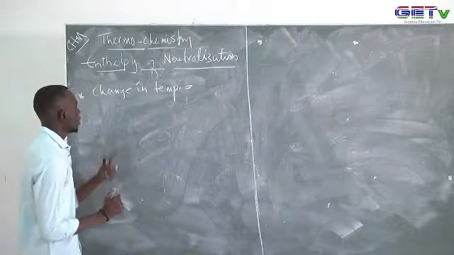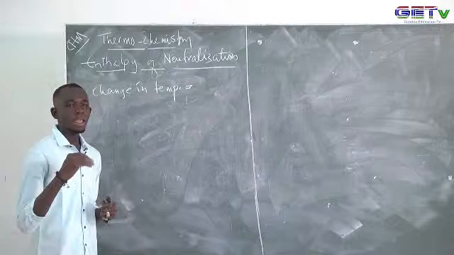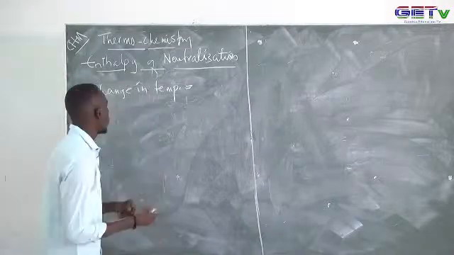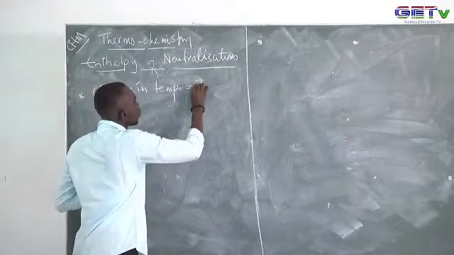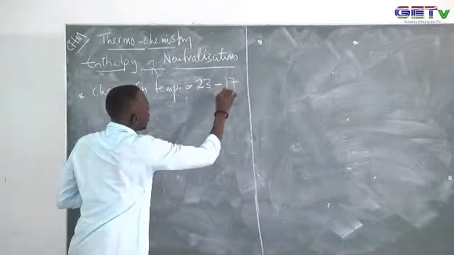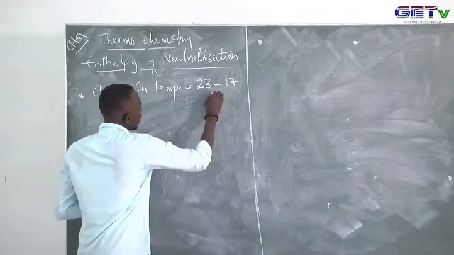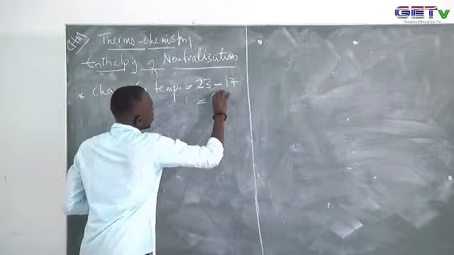And here, the initial temperature is more than the what? Final temperature. Which means when we are calculating the change in temperature, in this case, we will say 23 minus 17. The difference between 23 and 17 is 6. Now we will have 6 degrees Celsius as our what?